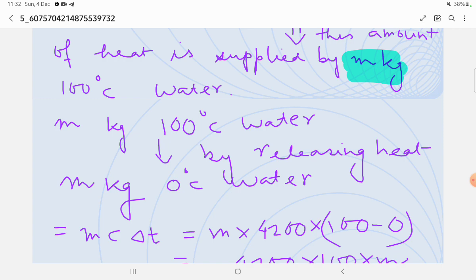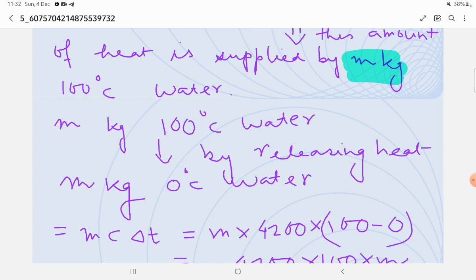Understood? So this will supply the required heat energy for melting of the ice. The temperature of the water will decrease and it will be 0 degree centigrade, because 0 degree centigrade ice and 0 degree centigrade water will lie simultaneously.